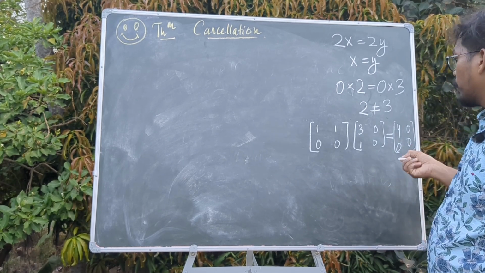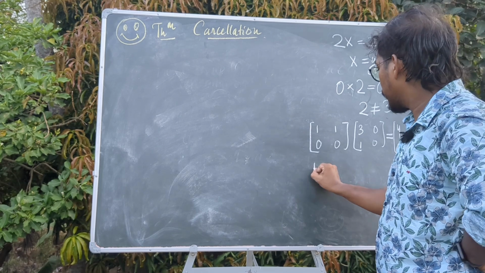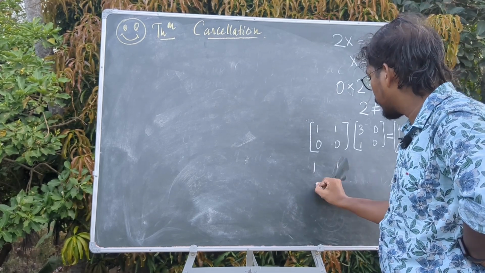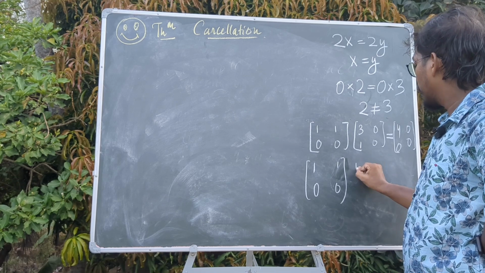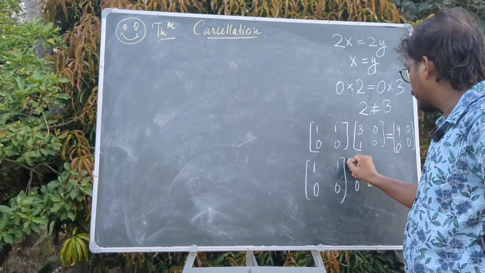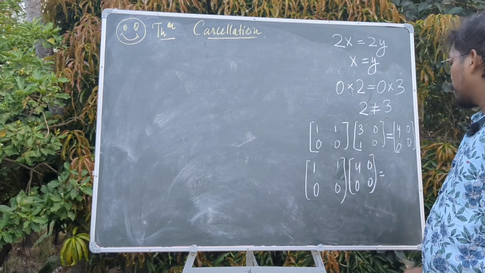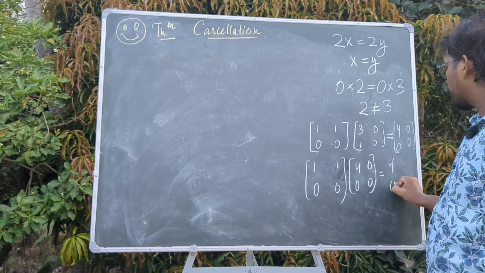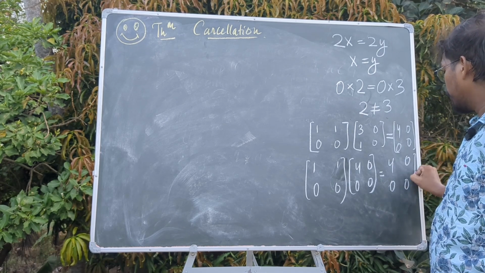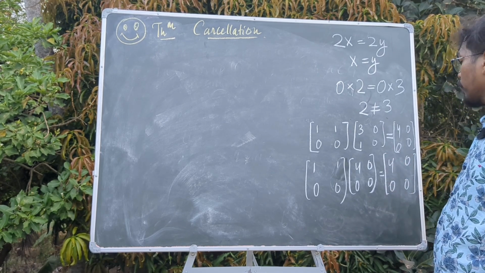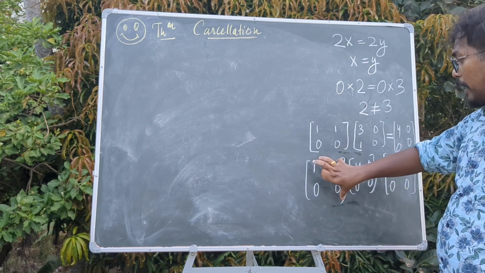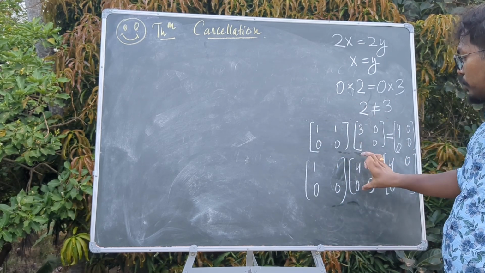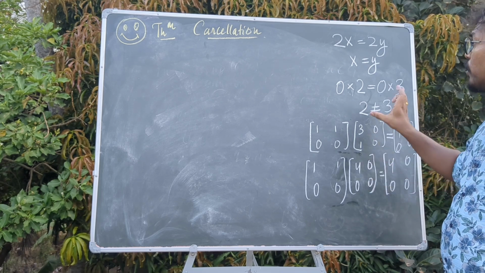And suppose I use another matrix [[1,1],[0,0]] multiplied with [[4,0],[0,0]]. Then also I have [[4,0],[0,0]]. This one is the same as this one, but we can't cancel this one because the matrices are not equal. So cancellation does not always hold.